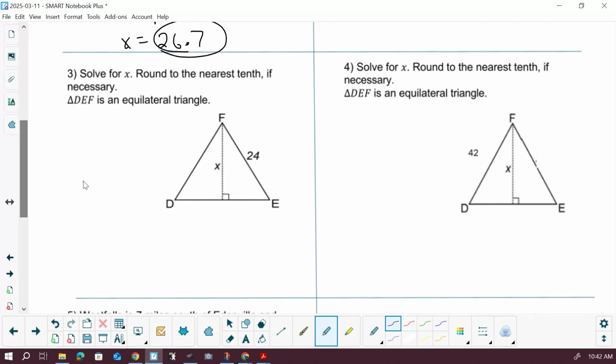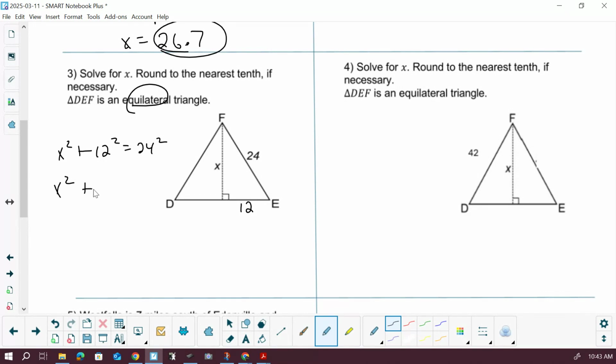Okay, next one. Solve for x. Equilateral triangle means all the sides are the same. So if this is 24, this is 24, this bottom is 24. Half of 24 is 12. So there we have our right triangle. So we're going to go x squared plus 12 squared equals 24 squared.